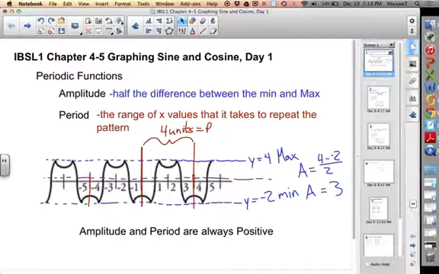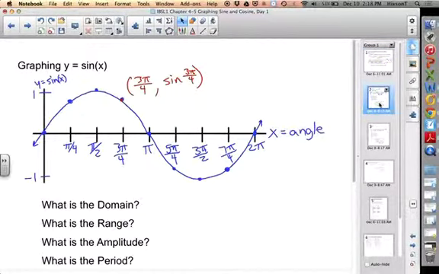Now, let's look at sine, and I already graphed it for you, and then we'll actually graph cosine. Here's sine, and I used my unit circle, and I just went up by pi over 4s. I didn't do the pi over 6, pi over 3, and so on. When my angle is 0, the value of sine is 0.